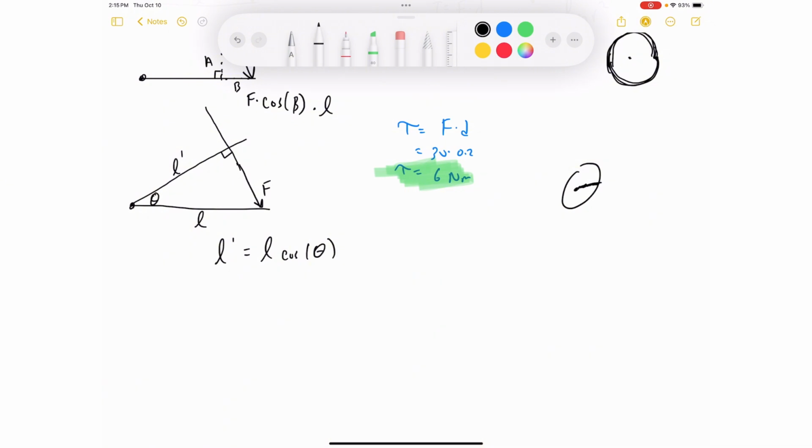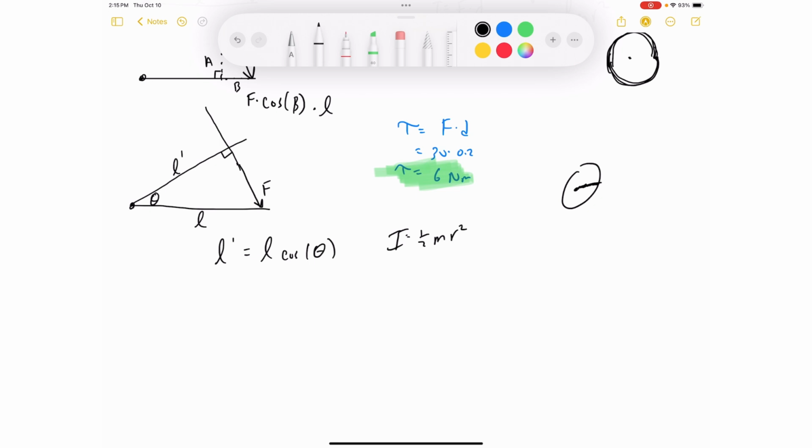Integral calculus, of course. But for simple things like this, there are lookups that you can use. If you look it up in a textbook or whatever, you can find that the moment of inertia for a solid disk, which is what this is, is 1/2 m r squared.